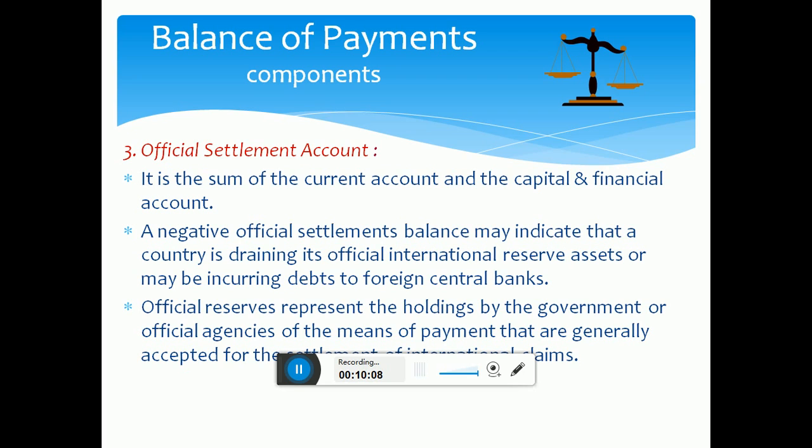The third component of the balance of payments is the official settlement account. Basically, it is the sum of the current account and the capital and financial account, the previous two that we discussed.